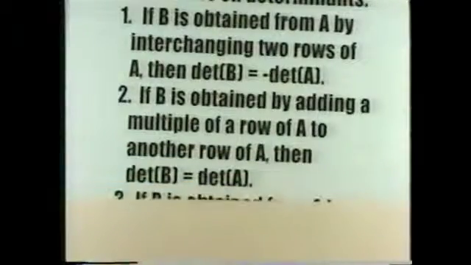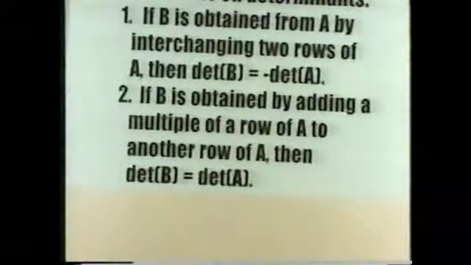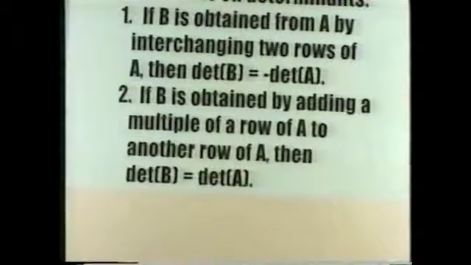Now the second property is nice because it doesn't change the value. If B is obtained by adding a multiple of a row of A to another row of A, then the determinant of B is equal to the determinant of A. So we don't have to keep up with what was done so we can multiply to correct it or take the sign.